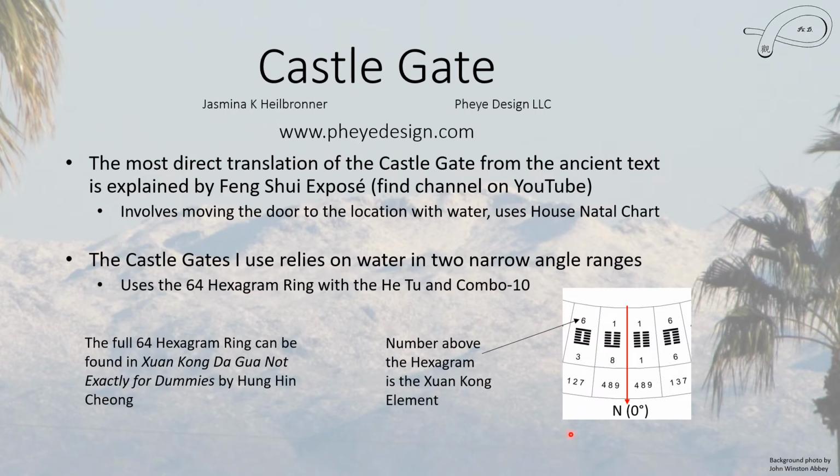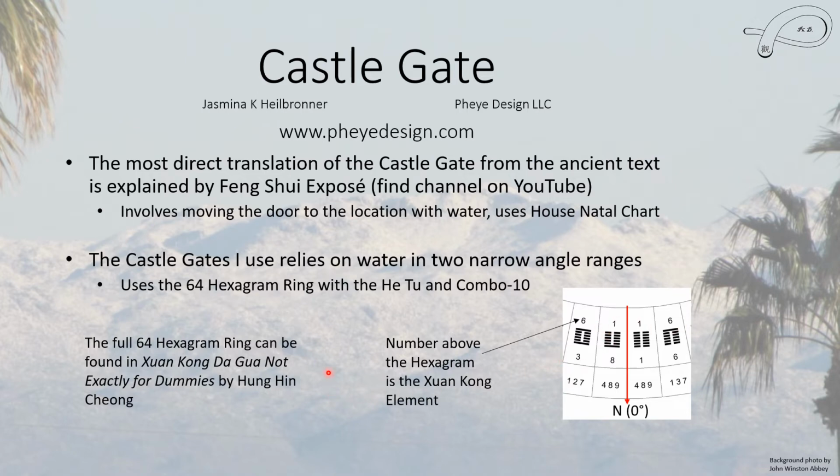So this is an example of this piece of the 64 hexagram ring. The number that we care about is the number on top of the hexagram. And it is called the Xuankong element. This is a star that's associated with the direction, but it's not used. It's the number on top we care about.